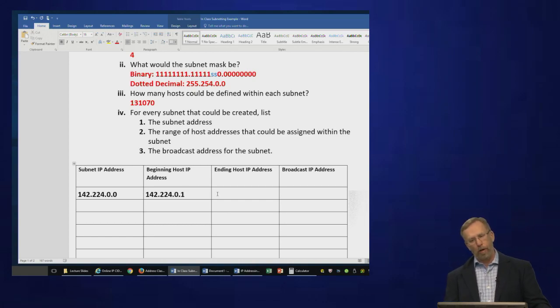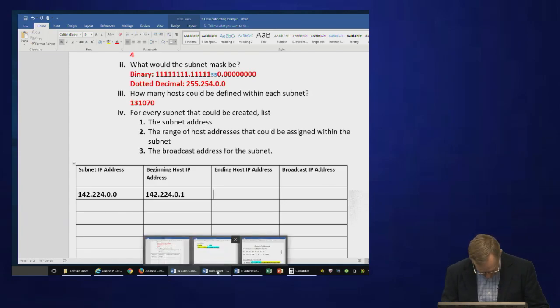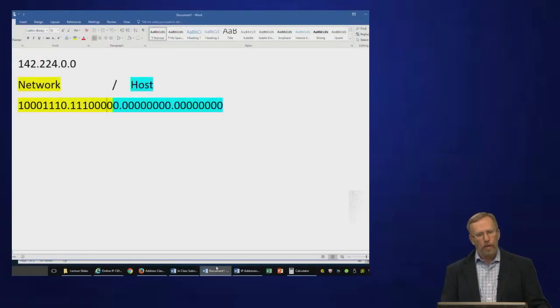Now comes the tough part. What is the ending host address and what is the broadcast address? Well, if I take that 142 and I break it down into the network section and the host section, what I'll see here is I have 17 bits allocated to the host section right now.